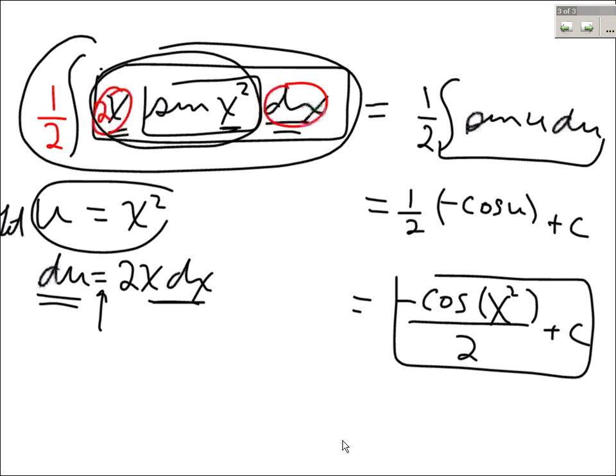Let's try another one. Suppose you have the integral of sine x e to the cosine x dx.